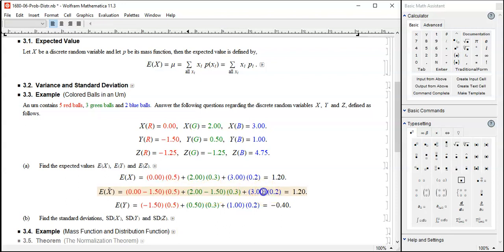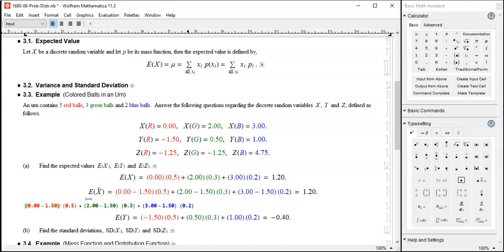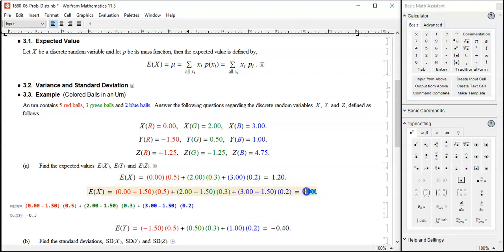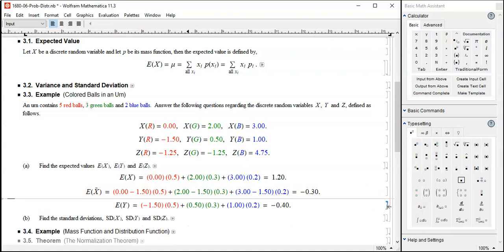So you pay $1.50 to play this game, and then we have all these payoffs and probability, and then if you run it, you're going to get, well, as expected, negative 0.30. So from here, subtract 1.5 and then getting this, or subtracting in advance from all the payoffs. Either way, you're going to get the same thing.